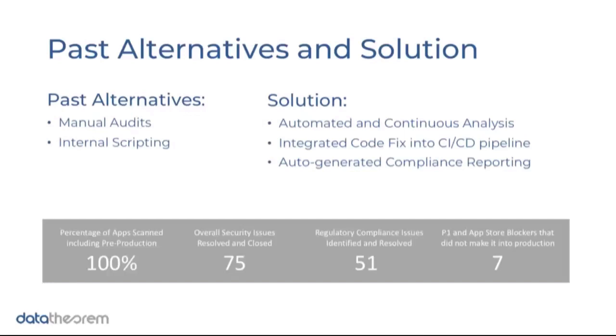And the one that's really important to Data Theorem, and we believe is the most important, is being able to make sure that those top priority data vulnerabilities that remote hackers can exploit, as well as those app store blockers that can impact the business, did not make it to a production release. So that gives you a little snapshot of what automation was able to do for them in a 90-day period across multiple applications and product teams.